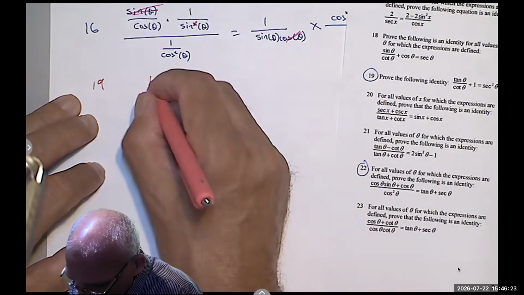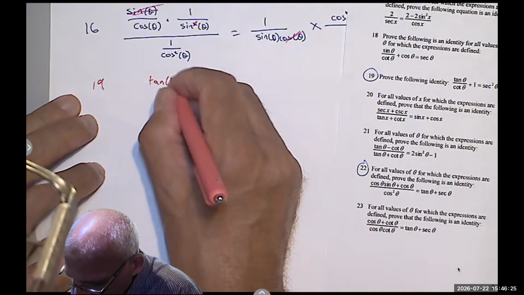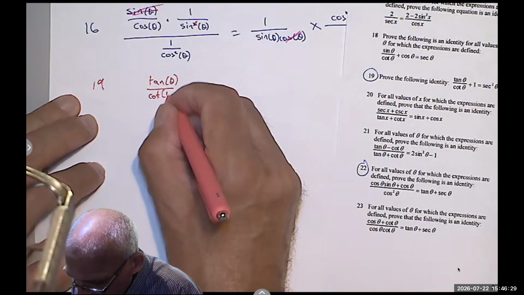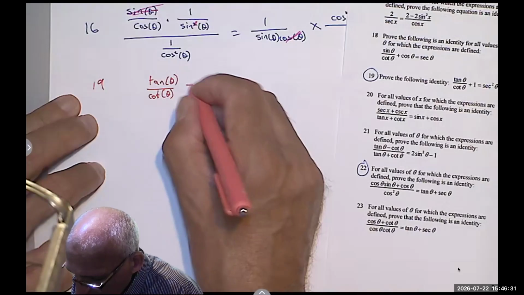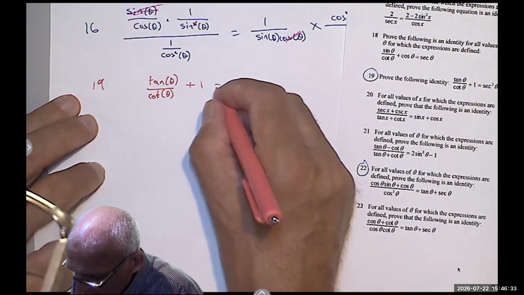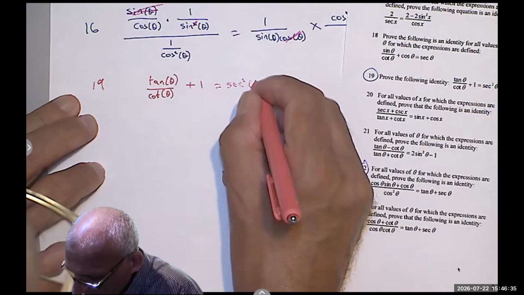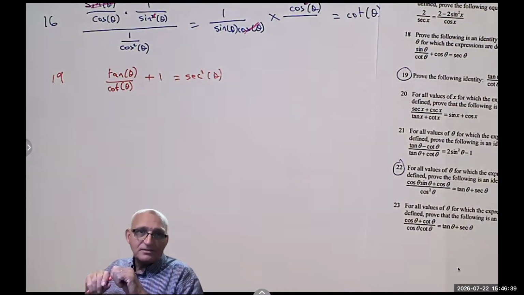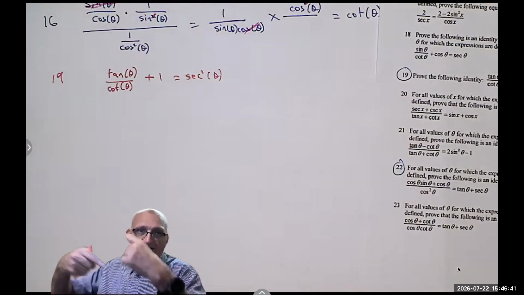Following identity, prove it. Tan theta over cotan theta plus 1 equals secant square theta. You should know that tan over cotan is tan square because the cotan is the reciprocal of tan.